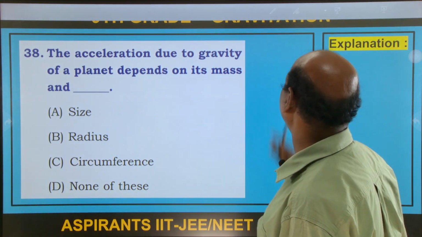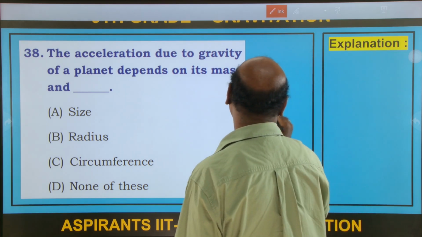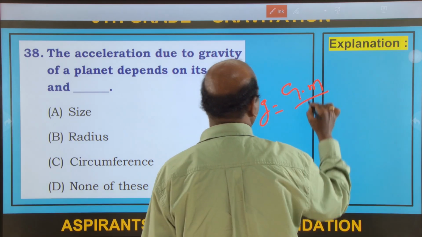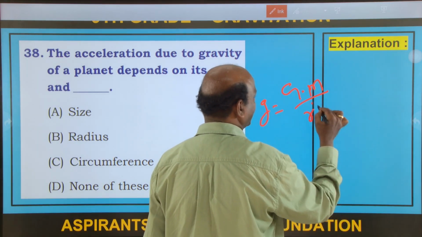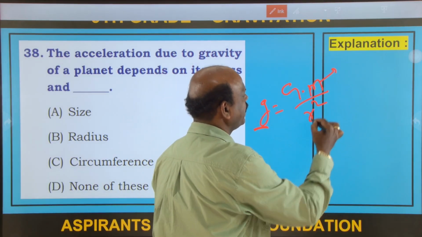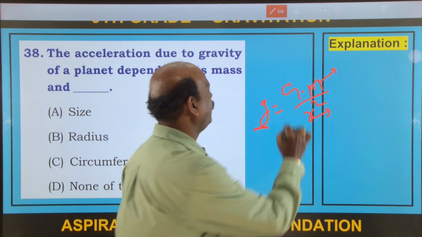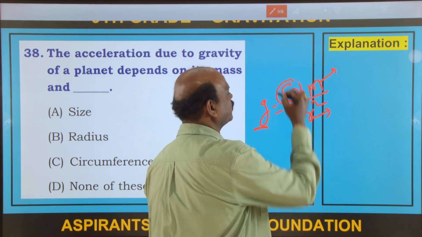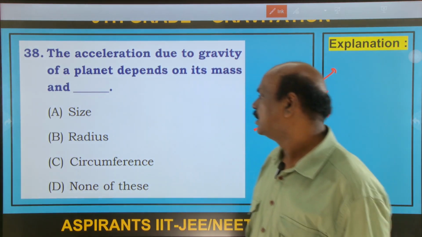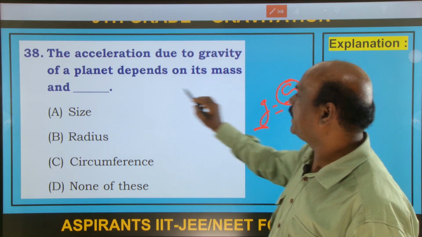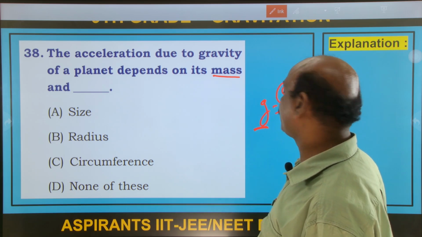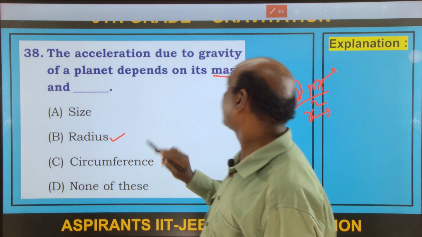So the acceleration due to gravity, g is equal to capital G into M by R square. This g value depends upon the mass and also the radius, where capital G is constant, which is the universal gravitational constant. Already he gave mass, so the next part we should take is radius.